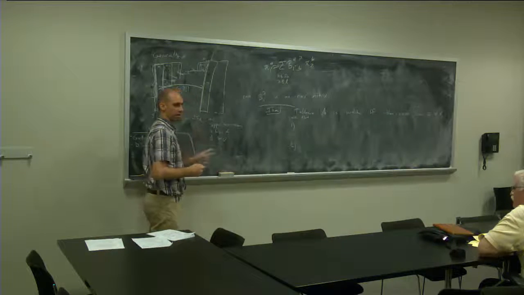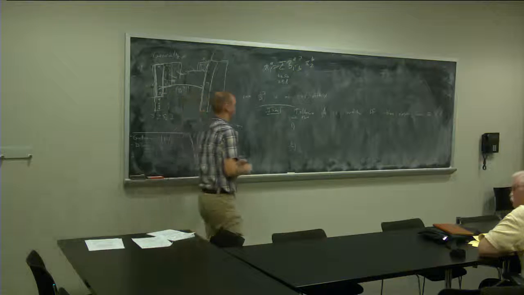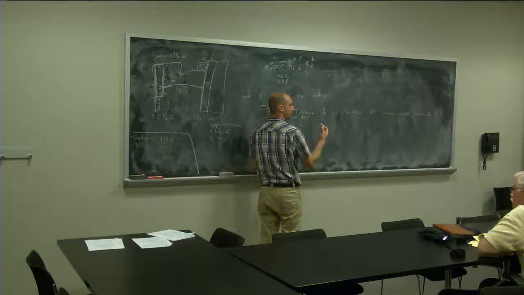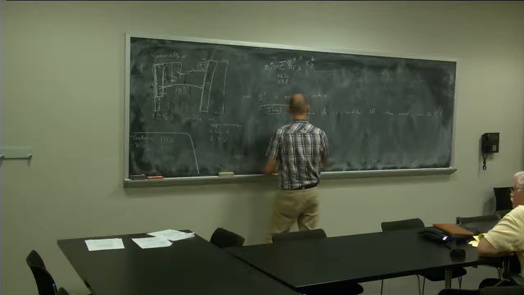There are linear conditions and quadratic conditions, and nothing higher, which is sort of nice, right? Not too surprising there's nothing higher because it's about wedge products, but still nice to see.